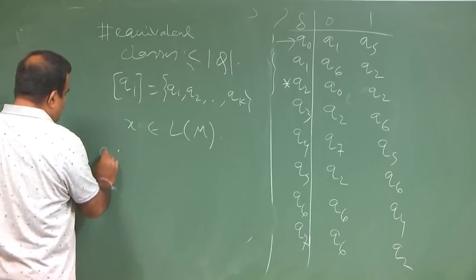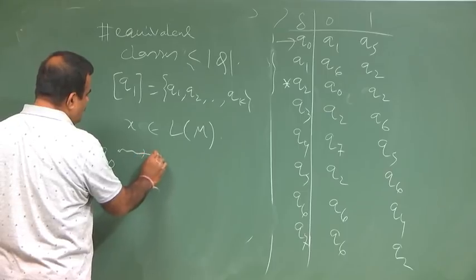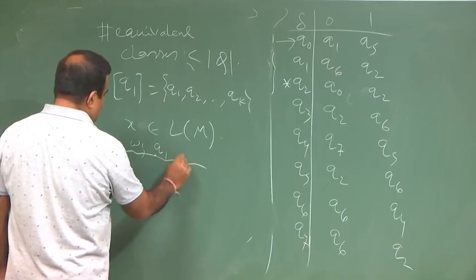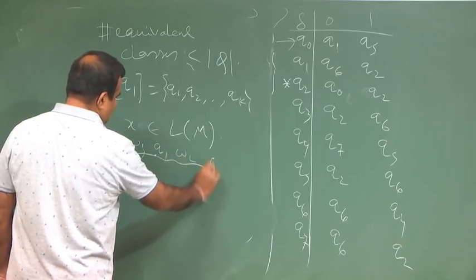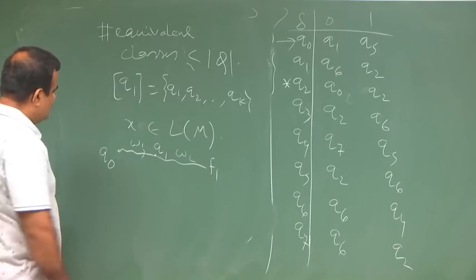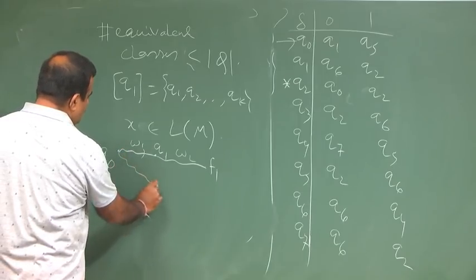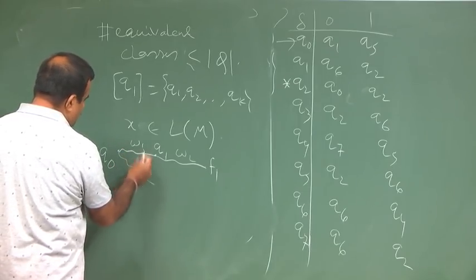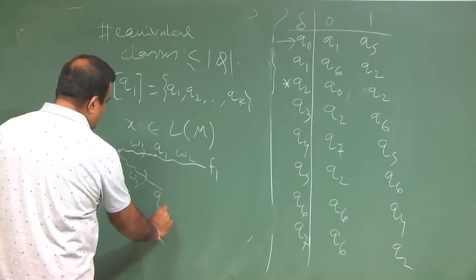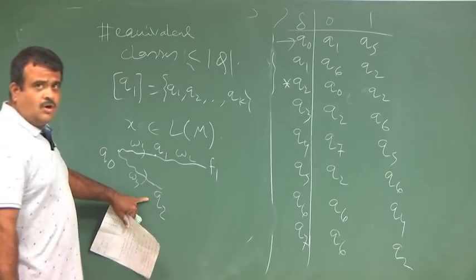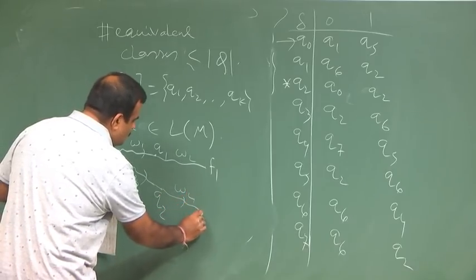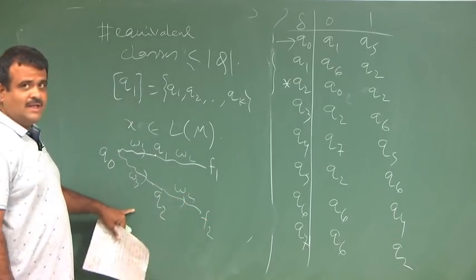Suppose we start from q0 and somehow reach q1 with some w1, and then with w2 we go to a final state f1. If we can reach some q2 with some w3, then with the remaining w4 we should also be able to reach the final state, because they are equivalent.